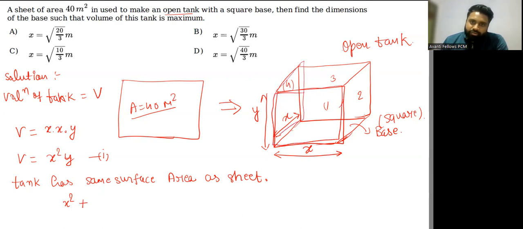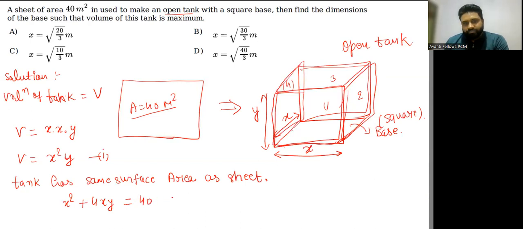This plane is also x into y, this plane is also x into y, and this plane is also x into y. So we have four planes with a surface area of xy. So we write 4xy, and this all is equal to 40. This is equation number 2.